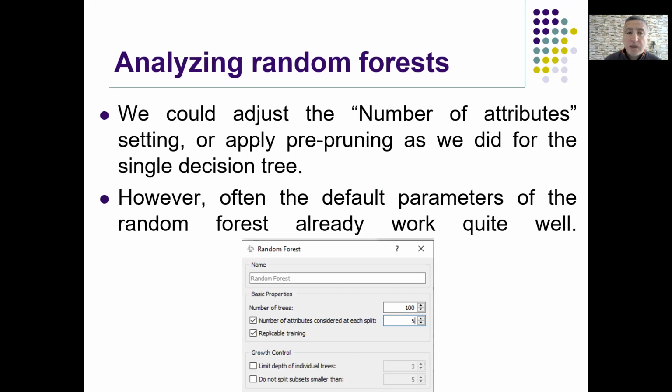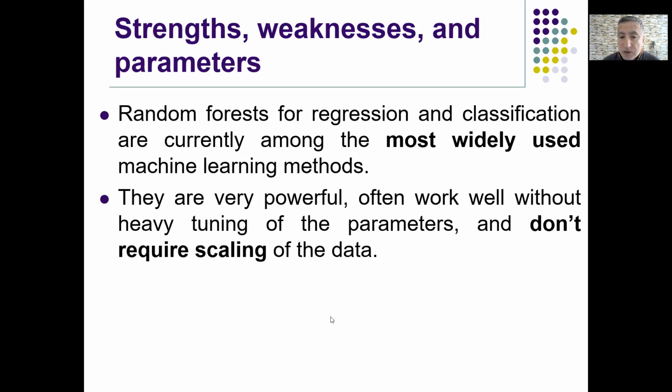I will go over this here. Now we need to adjust the number of attributes, okay, and the pre-pruning rather than using these default values. Default values work well, but you need to still think about it. The strength of the random forest is that it is very widely used.